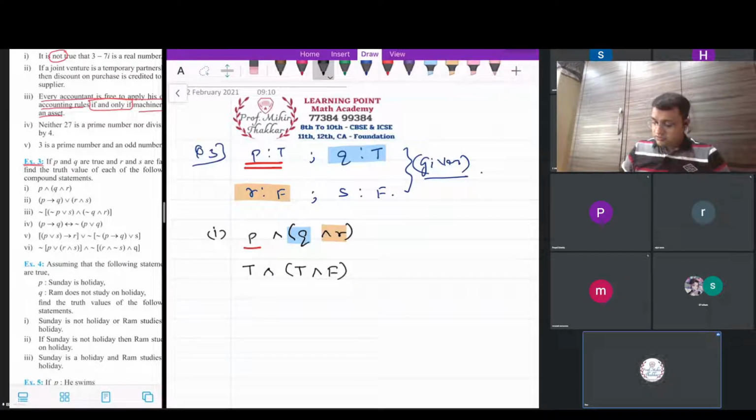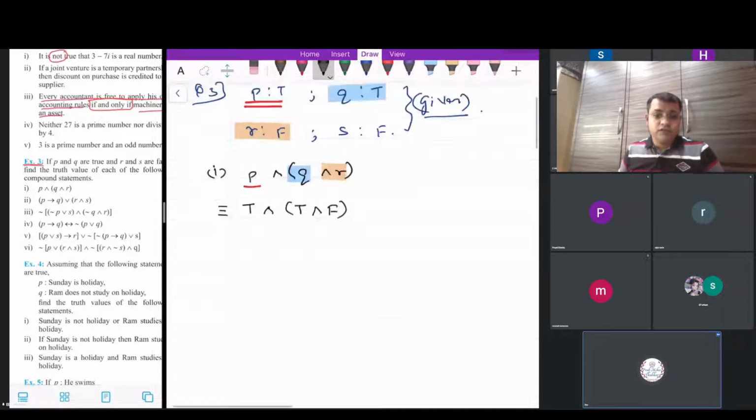Now what? Whenever we want to simplify this kind of a statement, we will always consider the brackets first and then we will go outside the bracket. So if I have T and F, I have to think about the AND condition. What was the AND condition? It said that if both P and Q are true, then the answer is true, else it is false. So this is representing the second part, which is the else part.